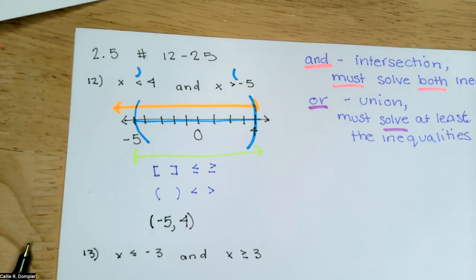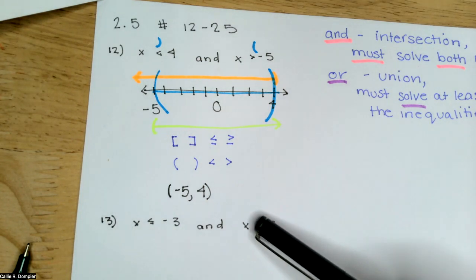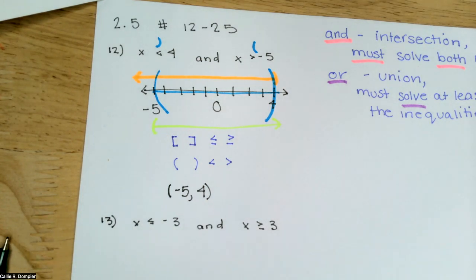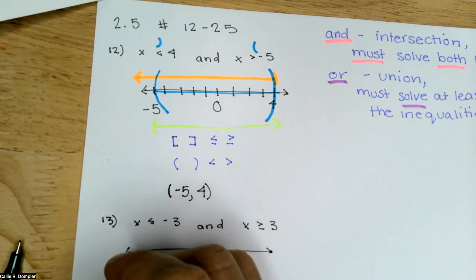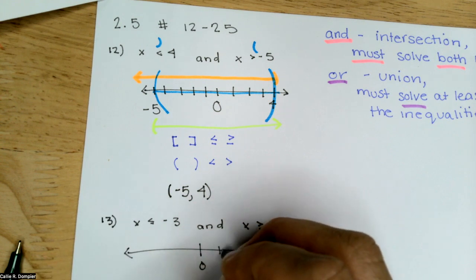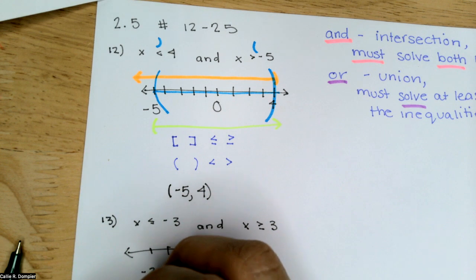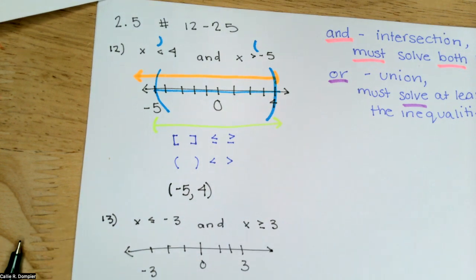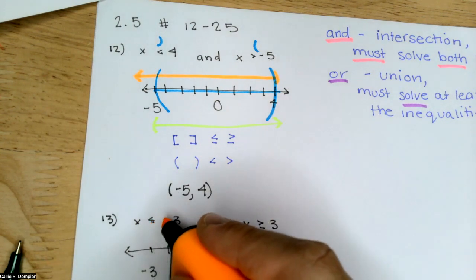All right, number 13 is x is less than or equal to -3 and x is greater than or equal to +3. So here we'll have, again, what I do is I just take that first one, x is less than or equal to -3.